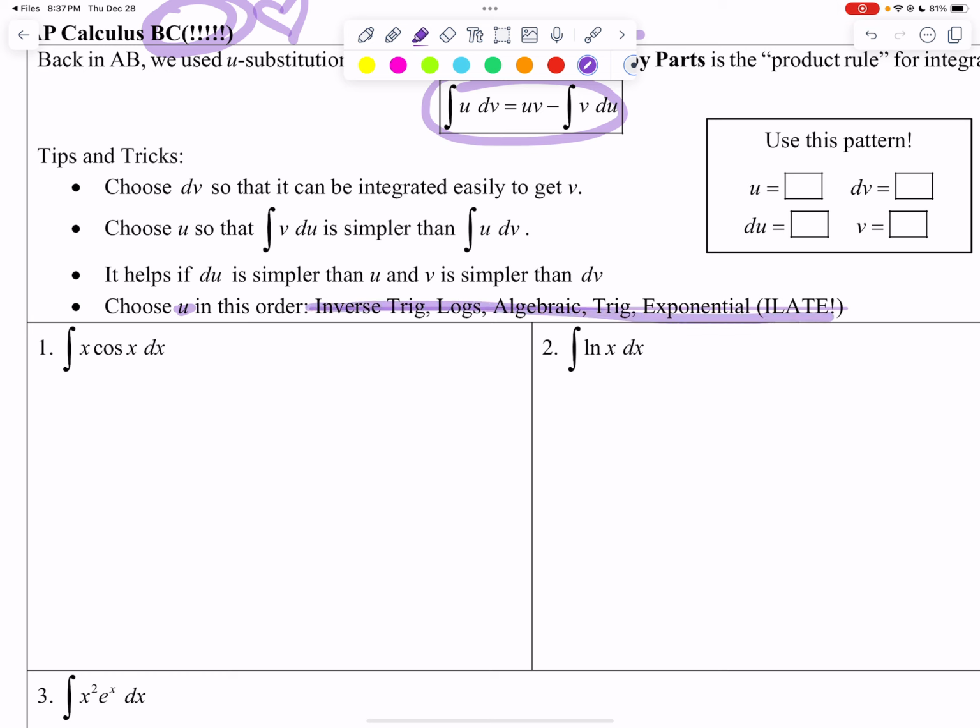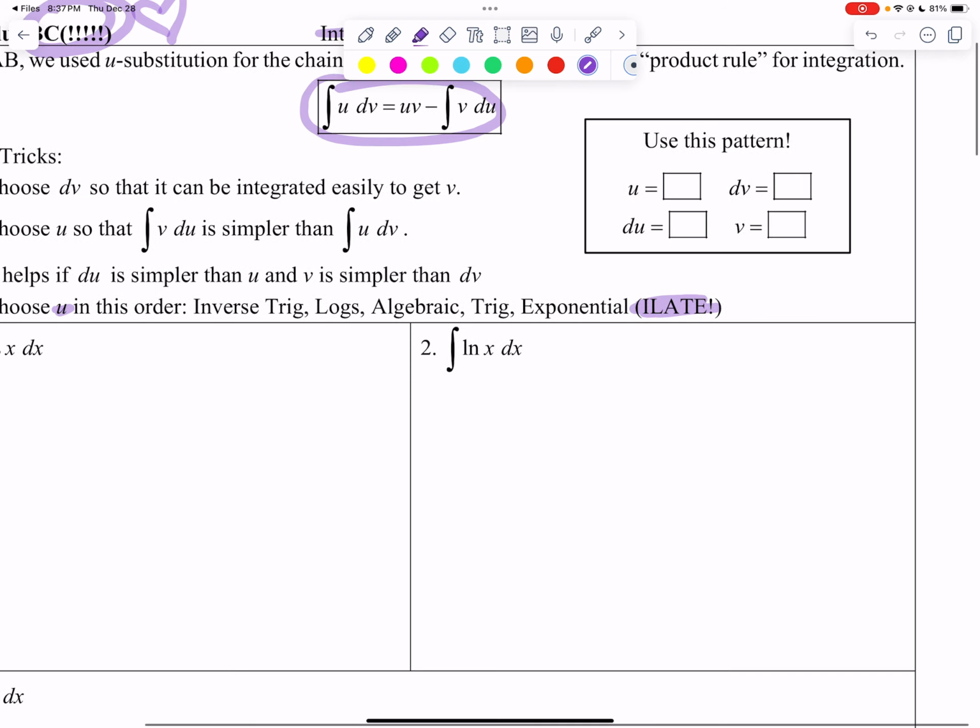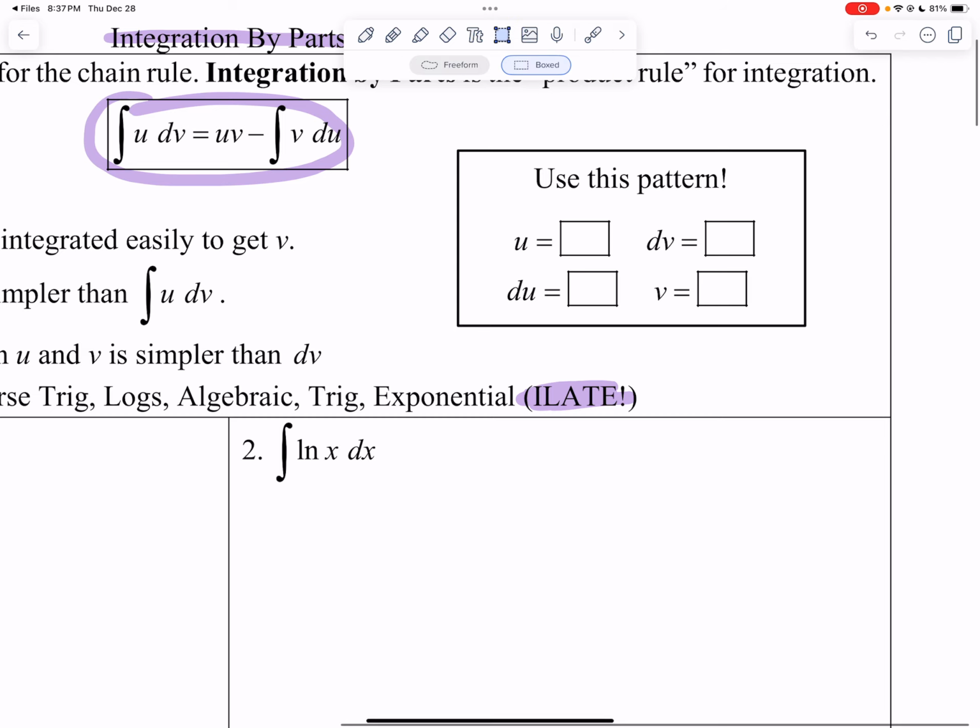We're going to go from inverse trig, then we're going to go to logs, then your polynomials, then your trig, then your exponential. In this case, we have a little mnemonic: I LATE, or I love latte, I LATE. Another thing that we're also going to be using is this little pattern right here that helps us keep everything in order and shape.